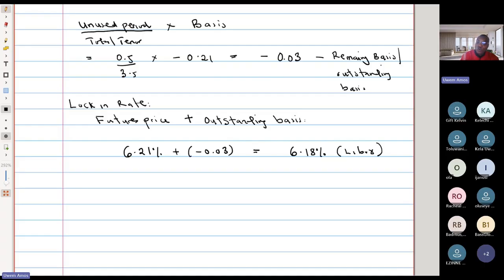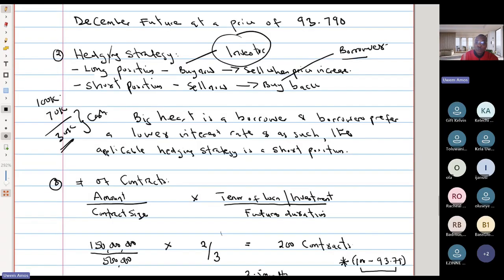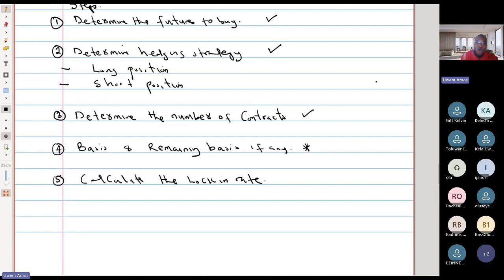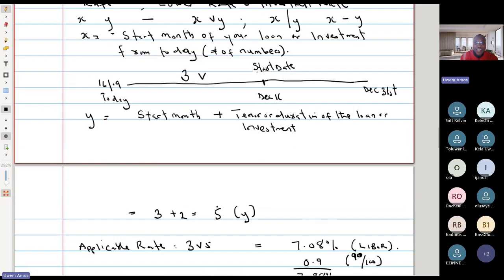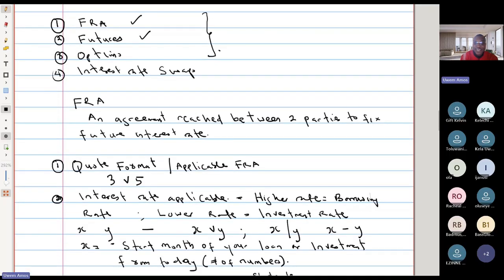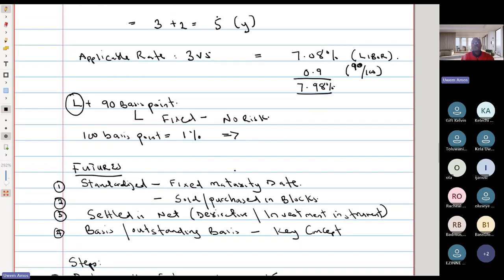But don't forget, we mentioned when we started that Mr. Bicard will always be able to borrow at LIBOR plus what? LIBOR plus 90 basis points. Mr. Bicard would always be able to borrow at LIBOR plus 90 basis points.